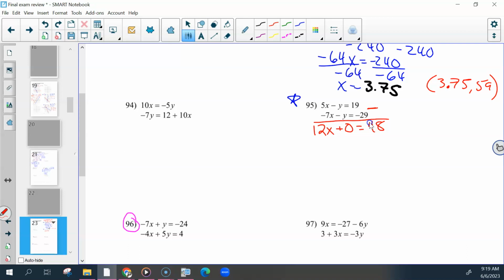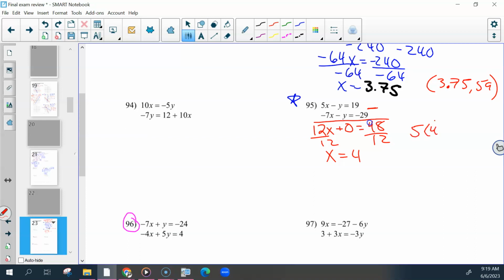and then solve for x. Really, I don't have to get rid of this 0 or do anything with it. I just need to divide both sides by 12. Then I would do the same thing to find y. Put that back in, one of the originals, it does not matter which one. Let's say I choose the first one.